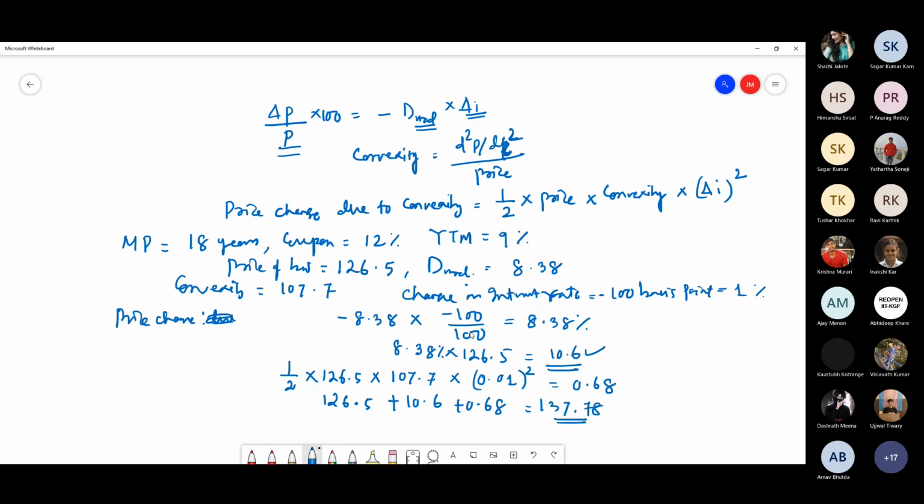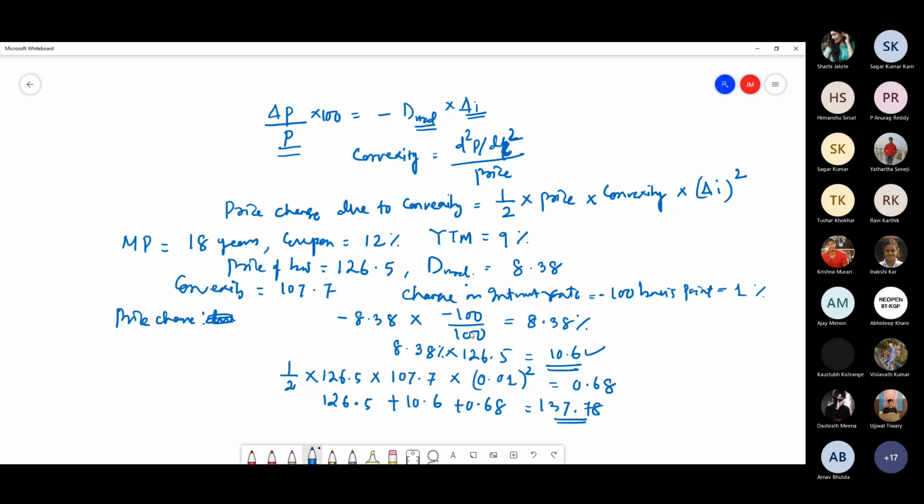That is the way duration, modified duration and convexity help us find out how the price is going to change and what new price we can get for that bond.